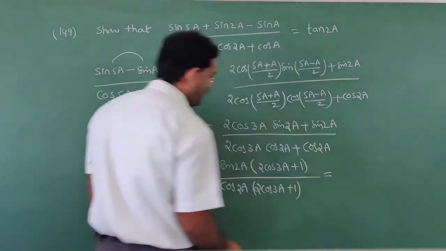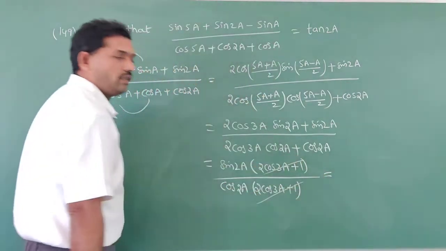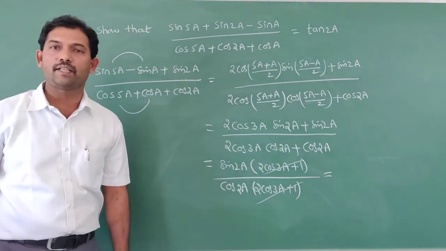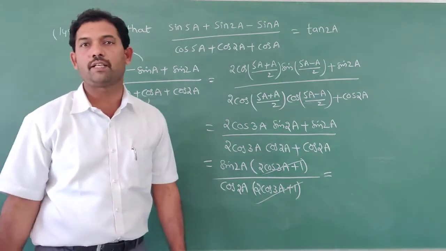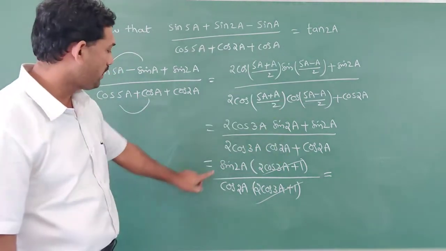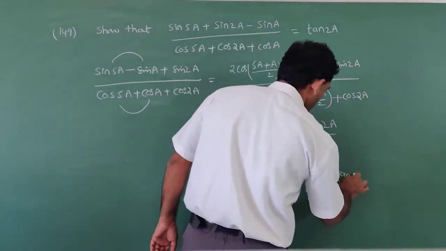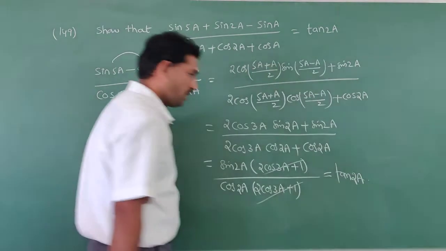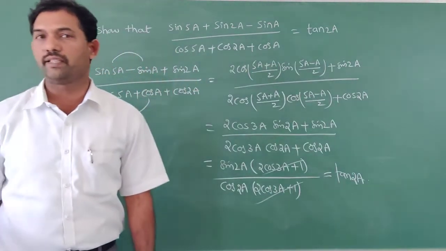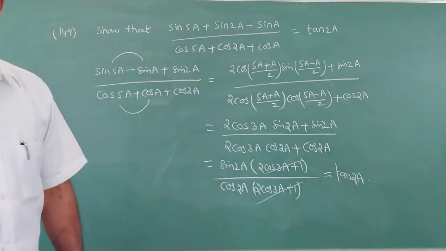So what is our final answer? These two will be the same: 2 cos 3a plus 1 and 2 cos 3a plus 1 cancel. So remaining sin by cos means tan 2a. That is your answer.